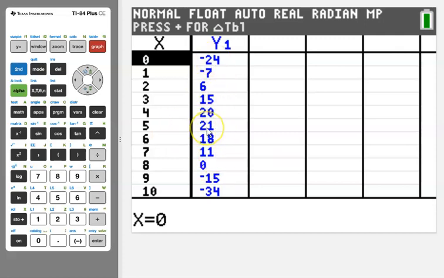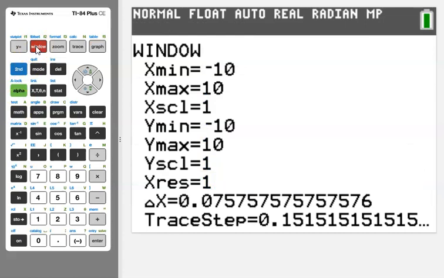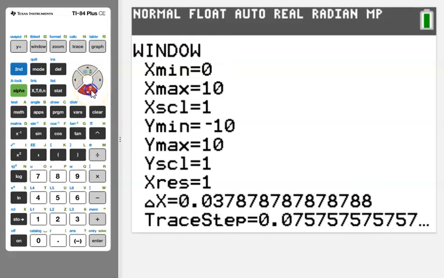And so you'll notice in your handout for the window, I chose a y max of 25. I want to choose a y min lower than 0. So usually I go a little below the axis there. So in your handout, I started at 0 and I stopped at 10 for my x values.